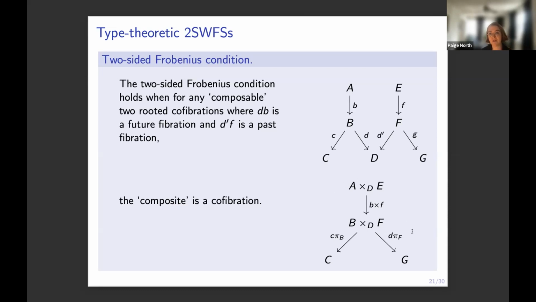And the Frobenius condition holds if whenever we do this, we get a cofibration. We're just taking the pullback of this cospan to get this one, and then of this cospan to get this one. So in some sense, we're composing these two spans together, or these two sprouts together.